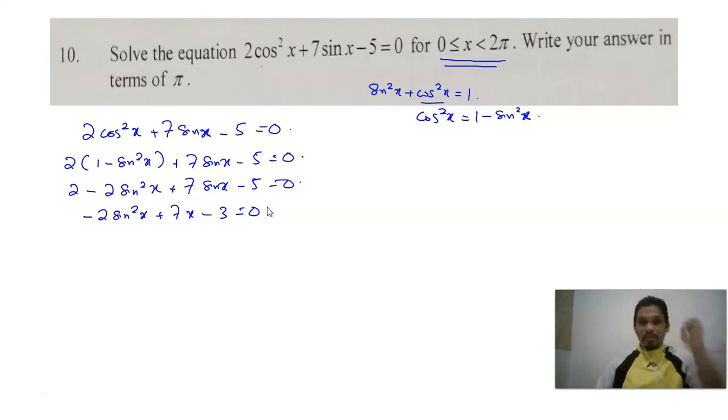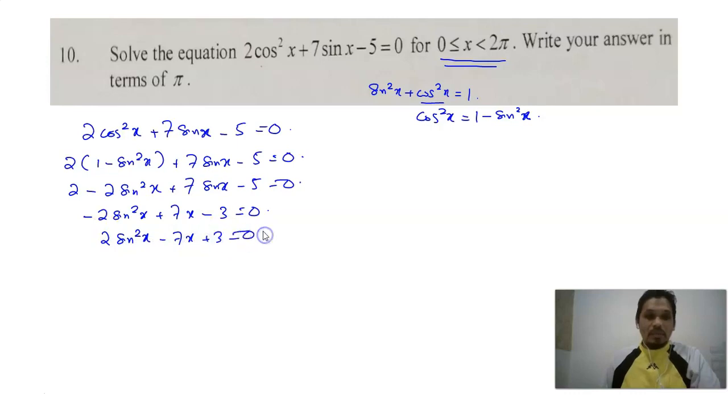You may just leave it like this, or you may also multiply with negative 1 and you get 2 sine square x minus 7 sine x plus 3 equal to 0. Either one, it's still the same. Now, factorize this.